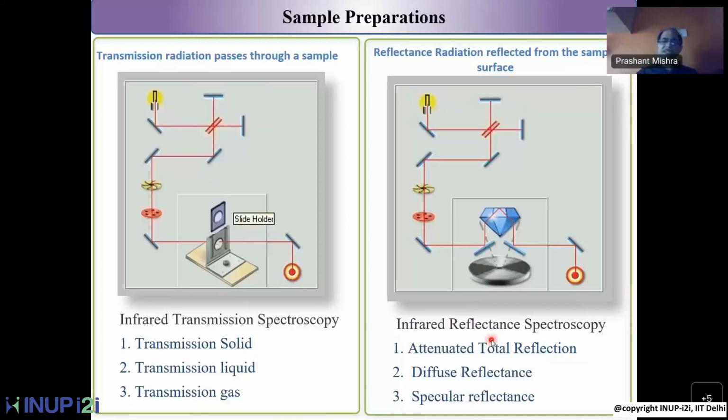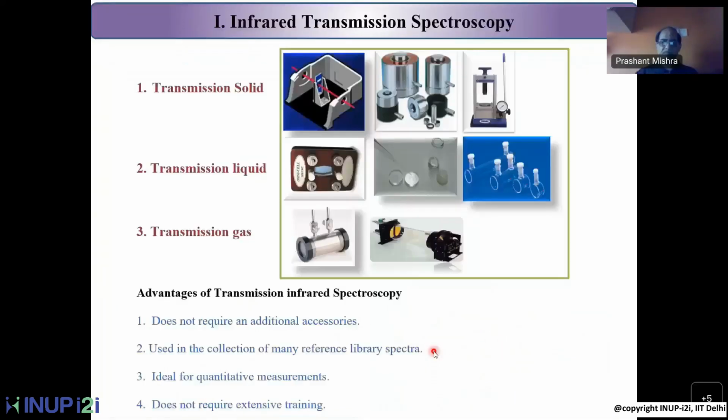Suppose you have a crystal and light cannot pass through it, you can go for ATR mode. So there are different infrared reflectance spectroscopies which can be employed here: attenuated total reflectance, diffuse reflectance, and specular reflectance. Generally, one can use this ATR mode where you can take the spectra of solids.